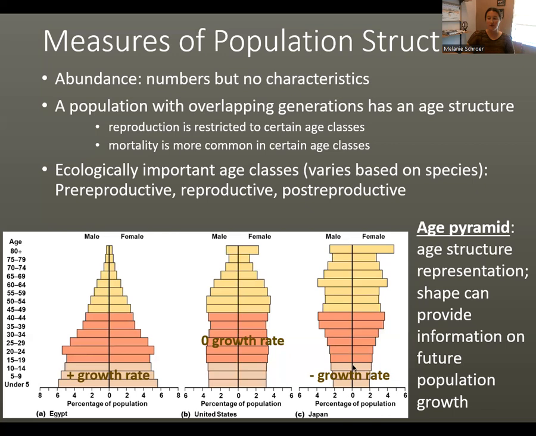So when this cohort enters into reproductive ages, they are going to replace these older people at a slower rate. Okay, so we can call these age pyramids, and they give us a little bit more information about what the population probably will do in the future. In a future lesson, we are going to break this down a little bit more and talk about the actual growth rates.